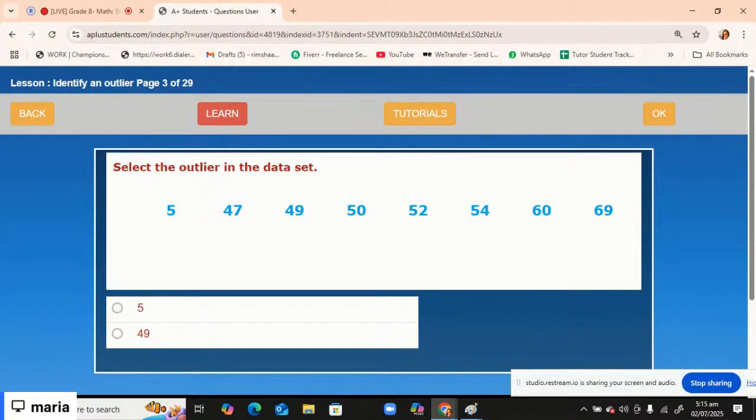Okay, now you guys think about it. What is the answer to this one? Select an outlier in this data set. It's starting from 1 and ending at 69. Basically, for an outlier, I'm going to repeat it again: a much larger or a much smaller value from this data. Check it out, everyone, and then tell me the answer.